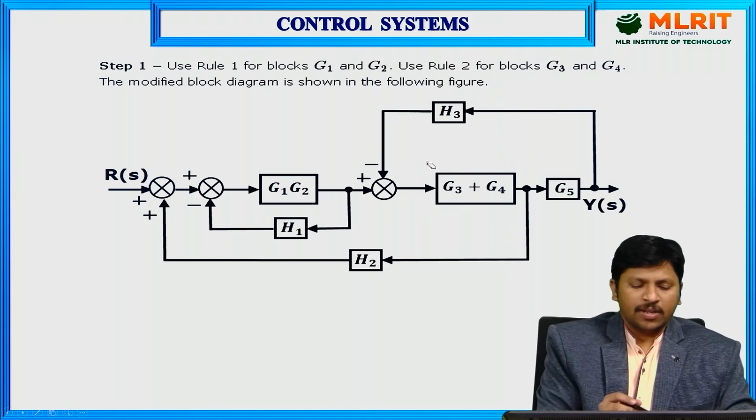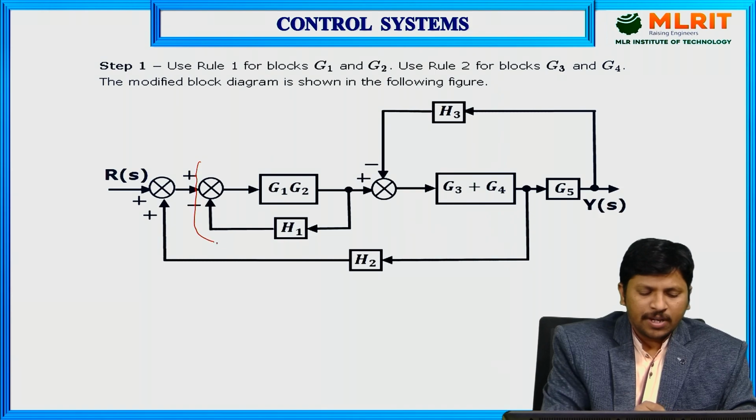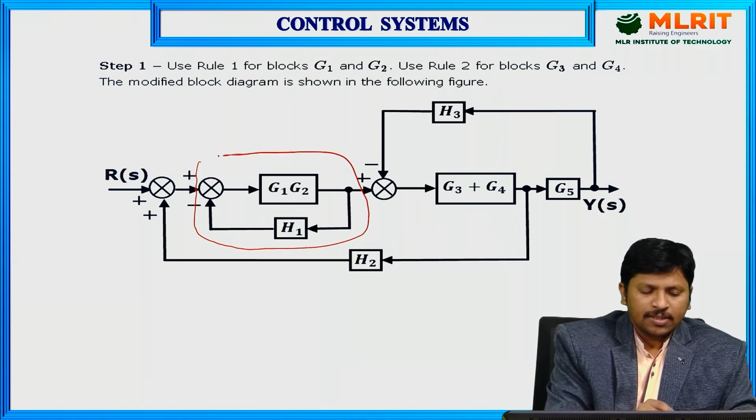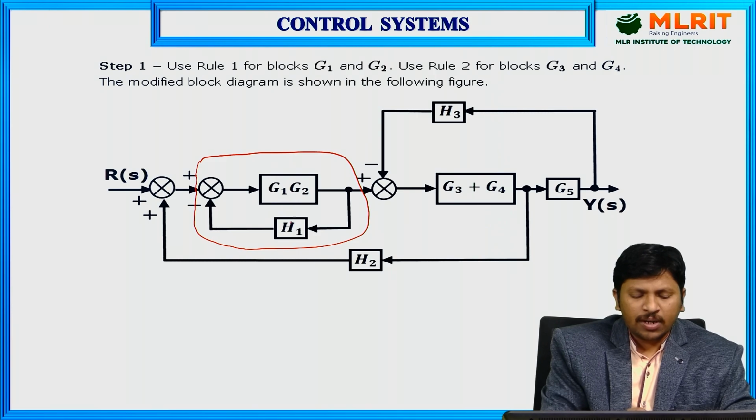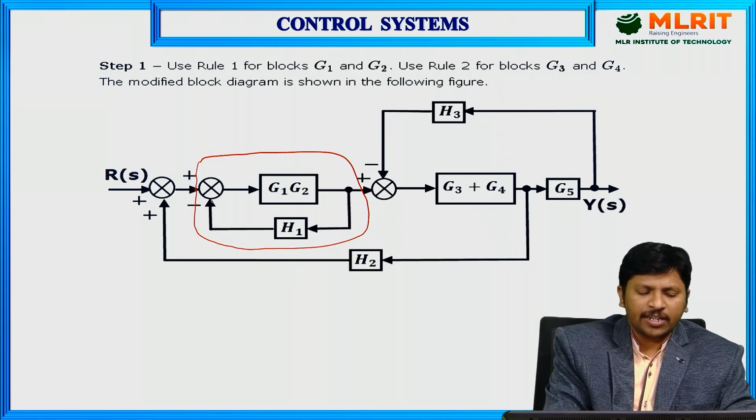And here this one is the feedback path. This is completely the feedback path. Observe, these two are in the feedback. The signal passes through G1 G2 and is again fed back through H1. The feedback signal is available and again enters the same summing point here.